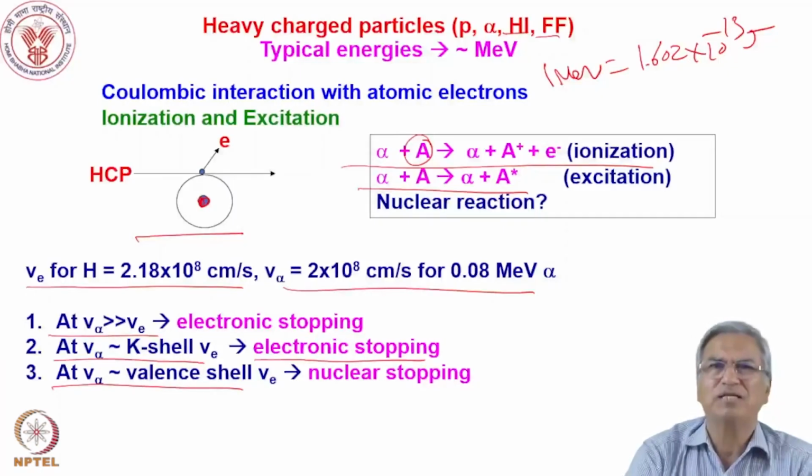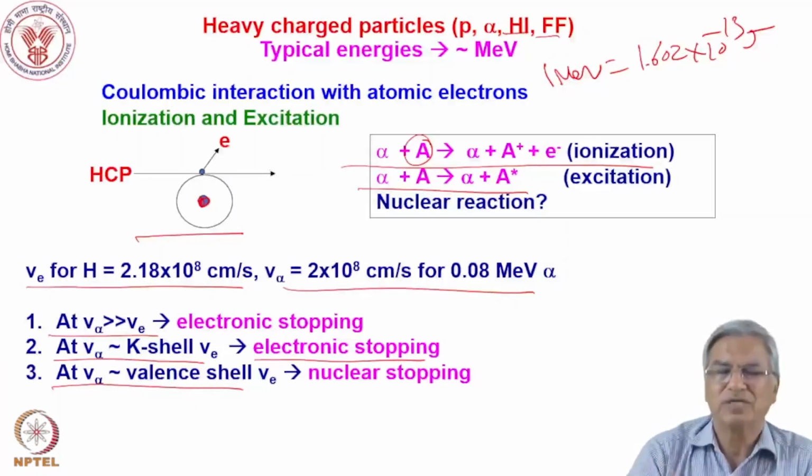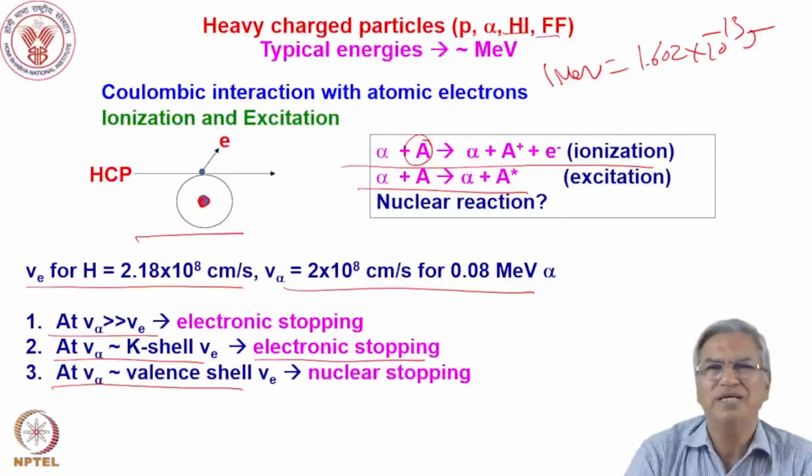Now the neutral atom, like a helium atom, interacting with the material will be colliding with the atoms. That we call nuclear stopping. Nuclear stopping happens at the end, when it is about to get completely stopped in the medium.